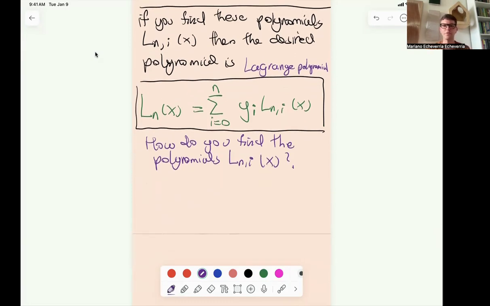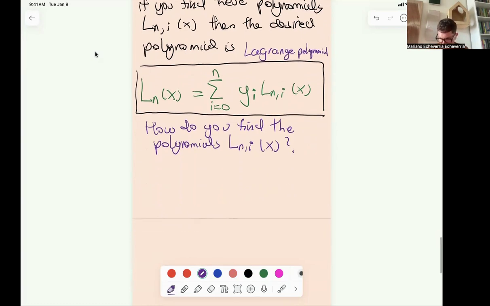Okay, so basically what you do is what I was explaining to you yesterday. What you can do first, if you like, is create a polynomial that includes the products of all the x values. Let me write it in two steps.